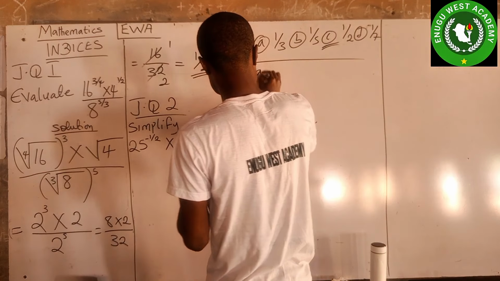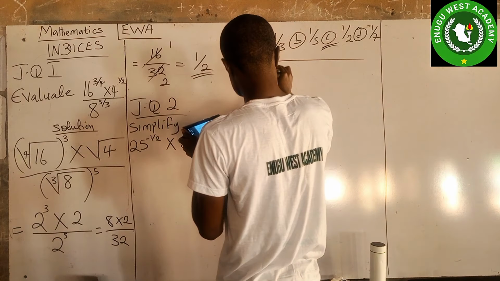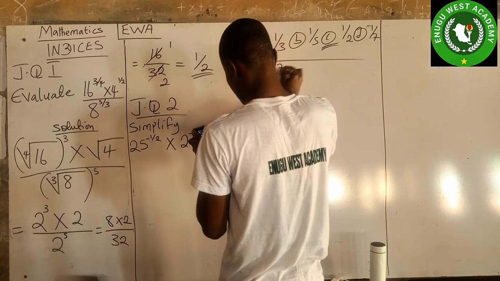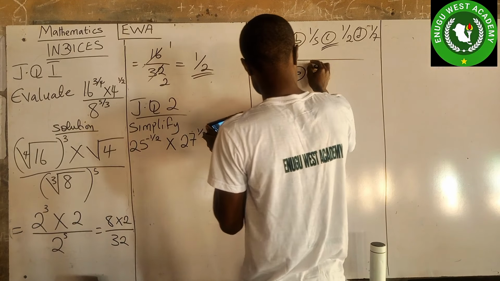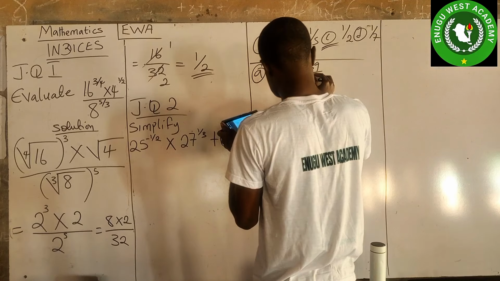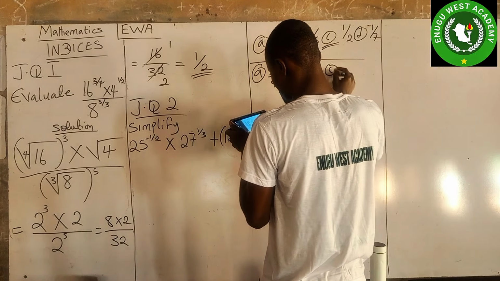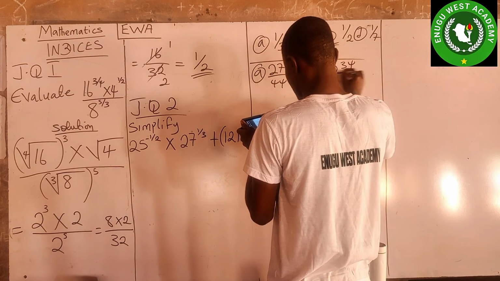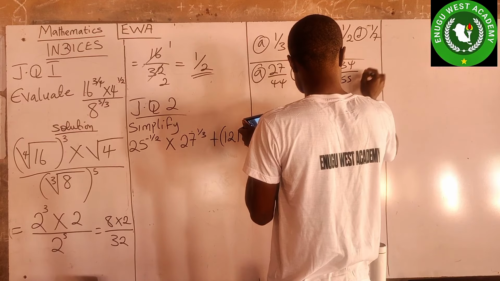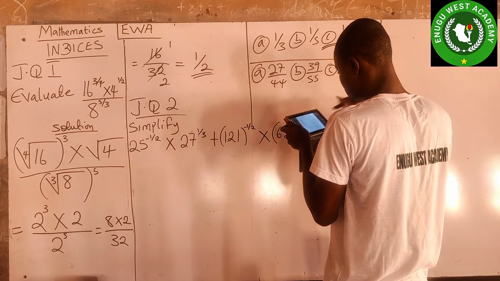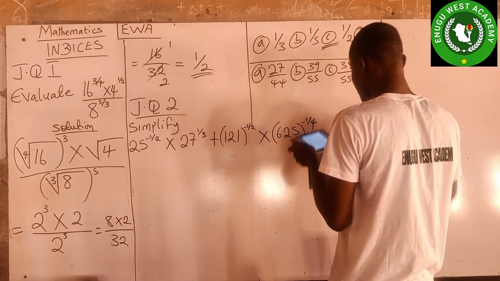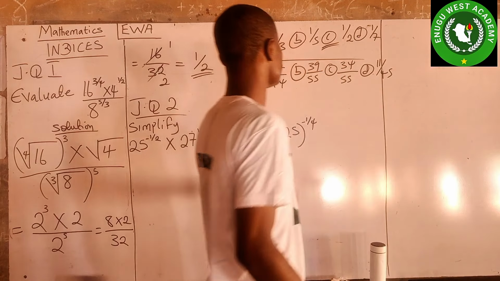Option A is 27 over 44. B is 39 over 55. C is 34 over 55. Then D is 11 over 45.